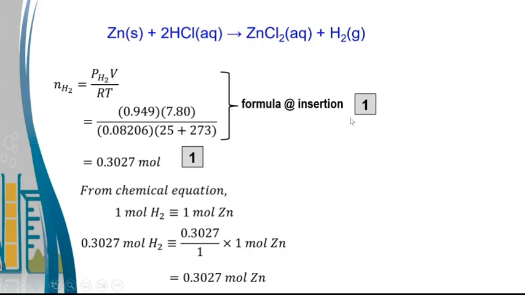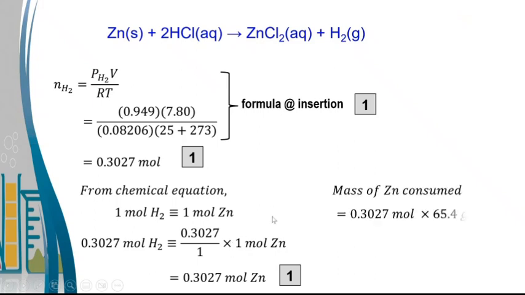Although the number of mole is the same, you need to show it, because marks are given for the stoichiometry calculation. So mass of zinc consumed is 0.3027 mole times molar mass, which is 19.8 gram. So this is 1 mark.